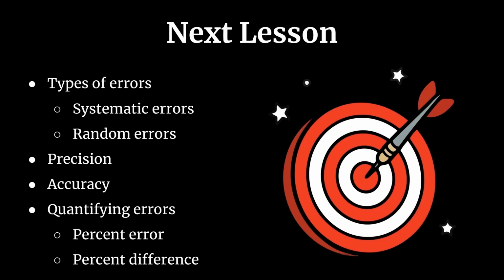We will build on these ideas in the next lesson by going over types of errors involving systematic and random errors, the concepts of precision and accuracy, and how to quantify errors using the terms percent error and percent difference.